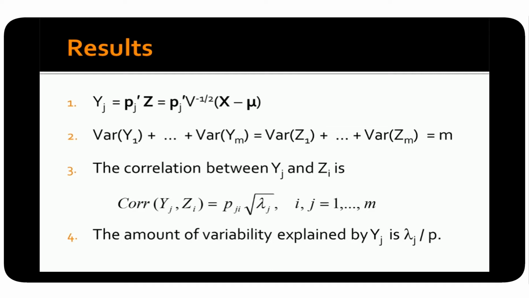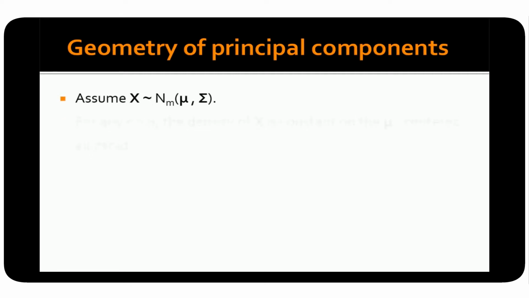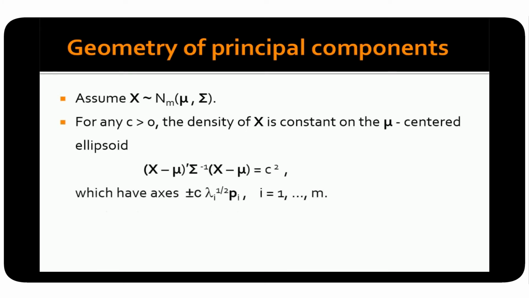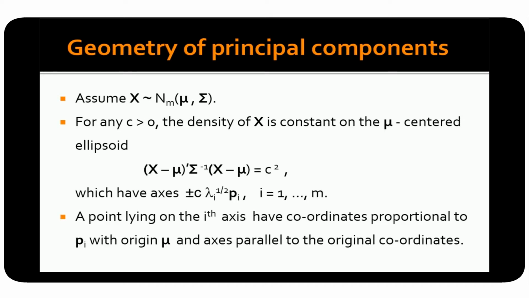To do that, it is easier if we look through the usual multivariate normal distribution. So, suppose X follows the m-dimensional multivariate normal distribution with mean mu and variance sigma. Now, it is known from the multivariate normal results that the density of X is constant on the ellipsoid (x minus mu) prime sigma inverse (x minus mu) equal to c square.